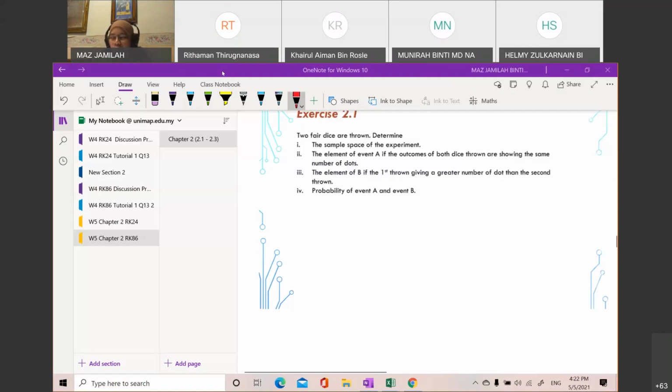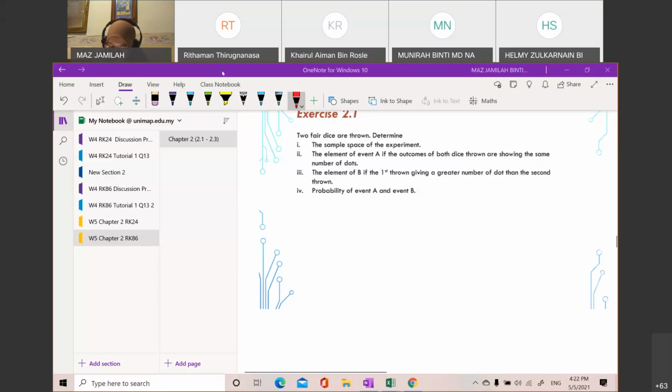Of course, when you are reporting the sample space for the 2 dice, you are going to describe the possibility of having the outcome of each dice, and we combine them into our possible sample space. So in this case, if you are throwing 2 dice, you will have your first die and your second die.